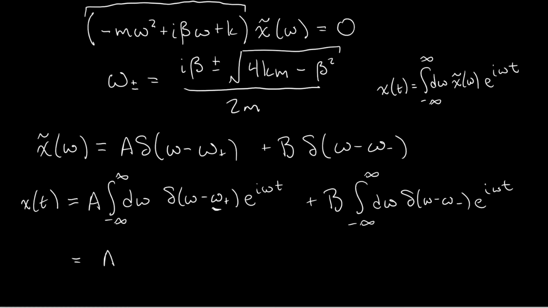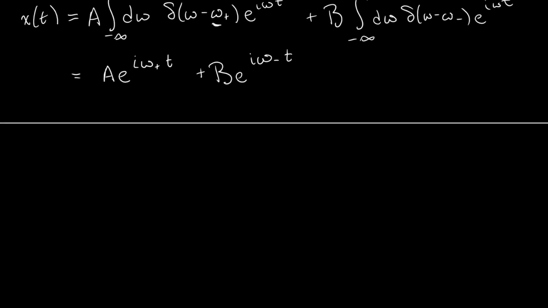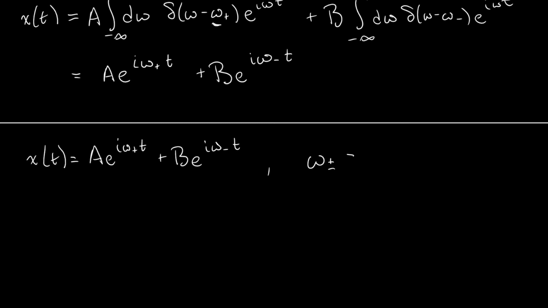So we get two terms, e to the I omega plus t plus b e to the I omega minus t. Okay? I'm going to come down here and rewrite this. Equals a e to the I omega plus t, b e to the I omega minus t, or omega plus minus.